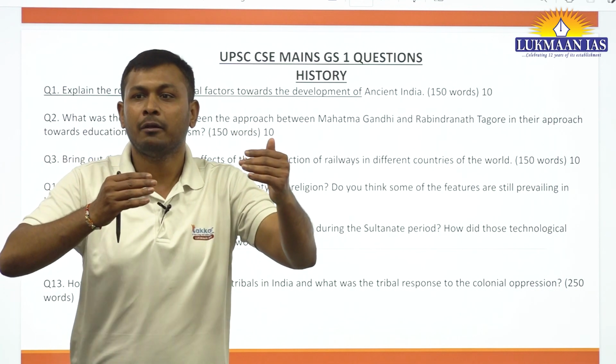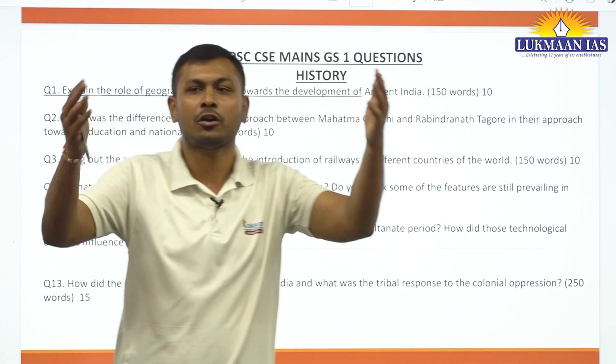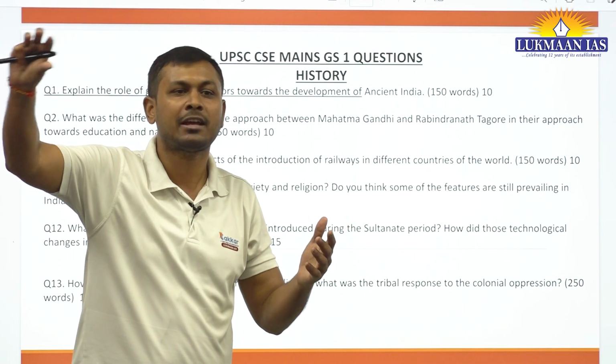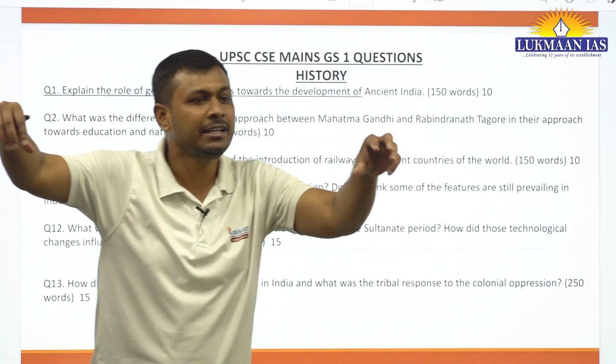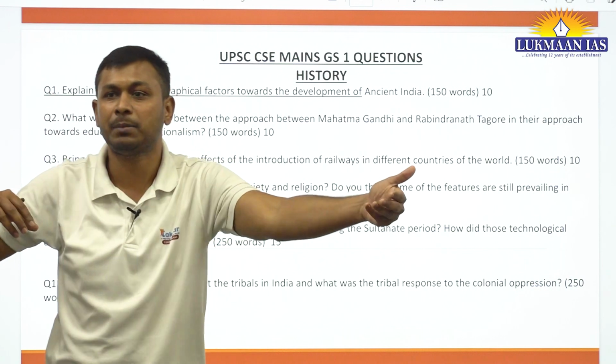For example, when you are studying the 16 Mahajanapadas and their geographical location, why is it that the oligarchic Mahajanapadas are located only in the hillsides, and the monarchical Mahajanapadas are located in the plains?